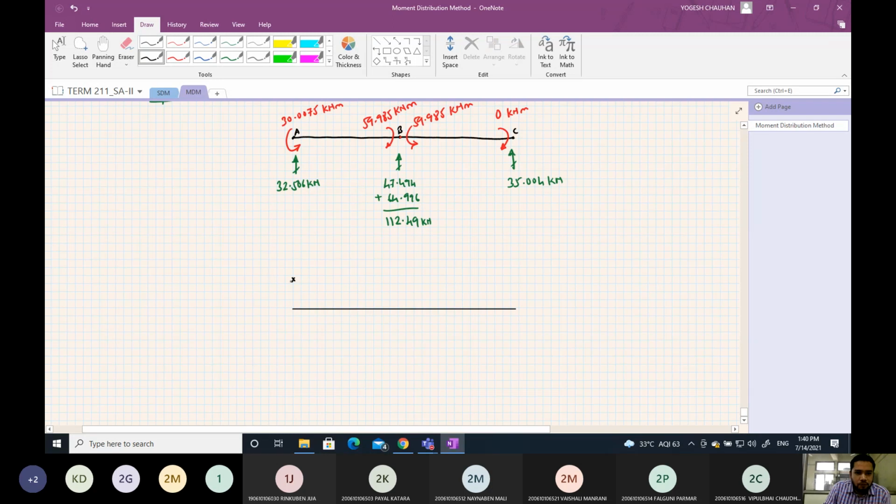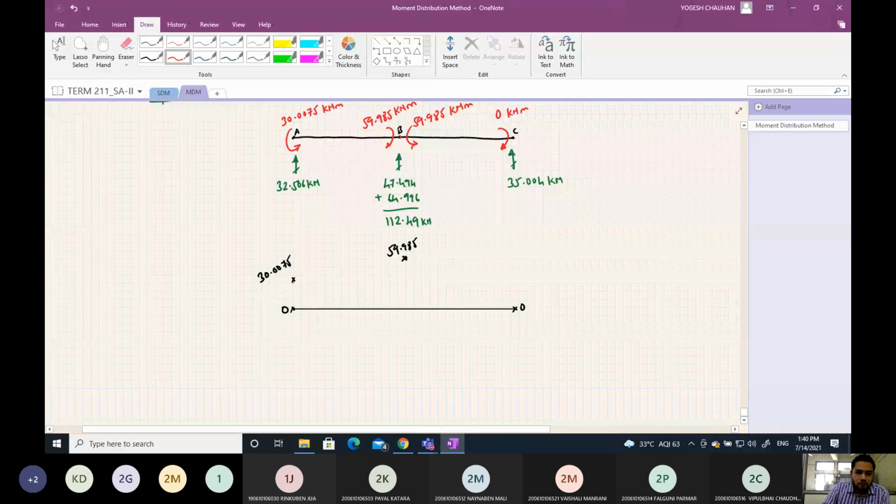This is 0 here. Here it will be 30.0075. At B, it is again pointing upward, so it is 59.985. This arrow is pointing upward, so again it is here only. Then here it will be 0. So this is the diagram for the continuity or fixity.